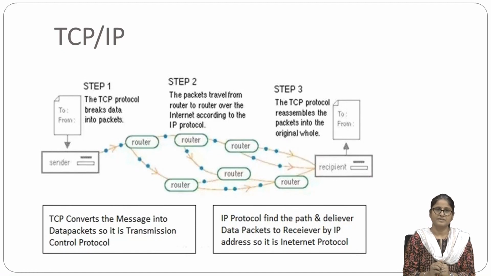What is the role of TCP? It converts the message into packets, and these packets will be transmitted over the internet, and one by one all these packets travel through the network, right, and finally they are reassembled at the recipient side, and the recipient will be able to read the message.